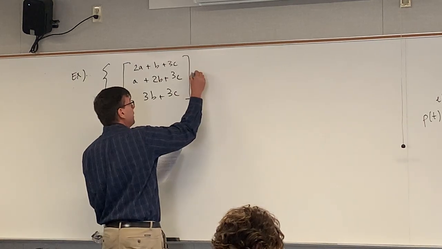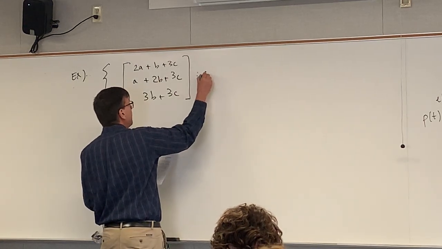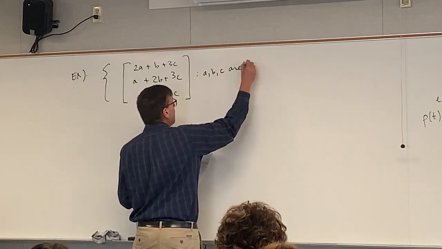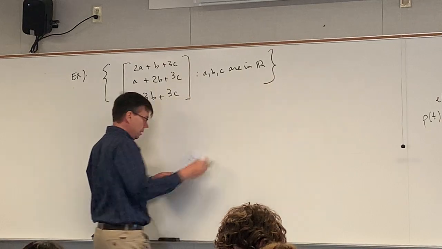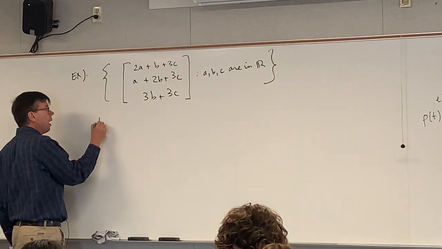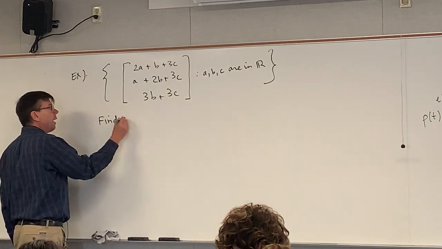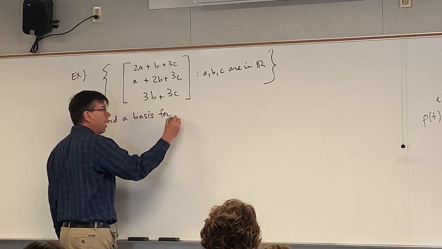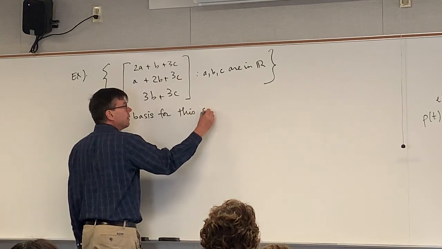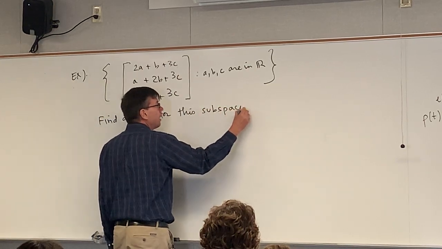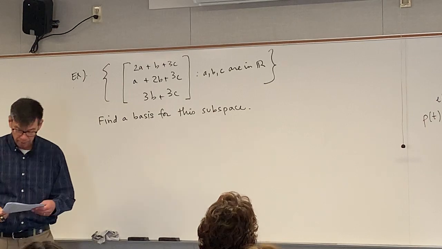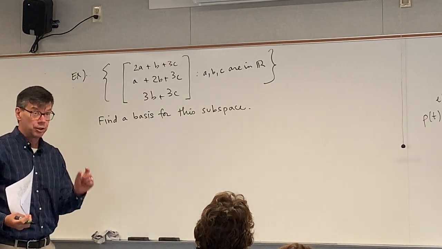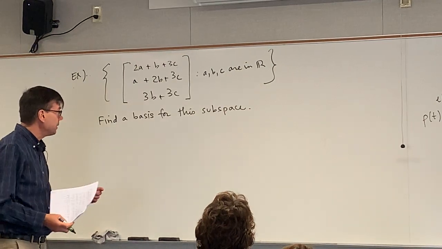Those are vectors in R3 such that a, b, c are any real numbers. So we want to find a basis for this subspace. And we're going to state the dimension. Of course, once we find a basis, the dimension is easy. The dimension is just how many vectors are in the basis.